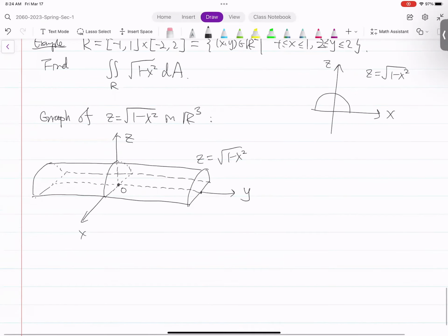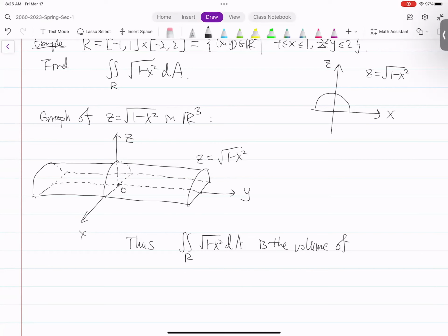So let me write it down. Thus, the double integral that we are looking for is the volume of the cylinder.